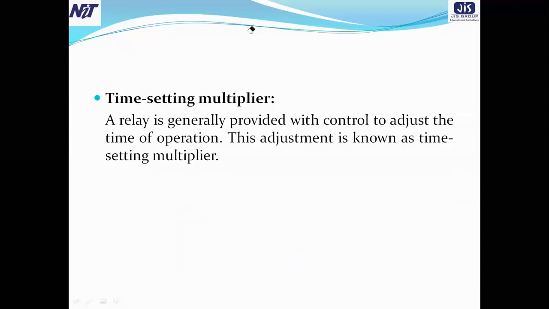Try to understand very carefully. The relay is generally provided with a control to adjust the time of operation. Okay, this adjustment is known as the time setting multiplier.